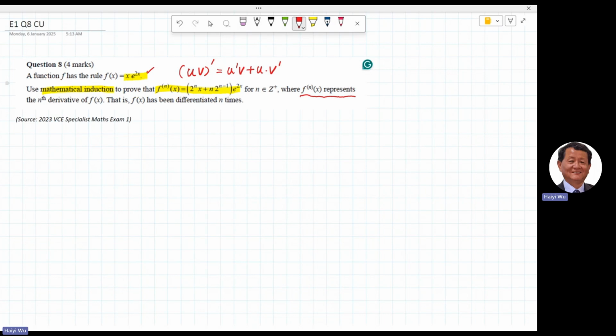We need to prove the nth derivative of the function equals this statement, for n a positive integer.